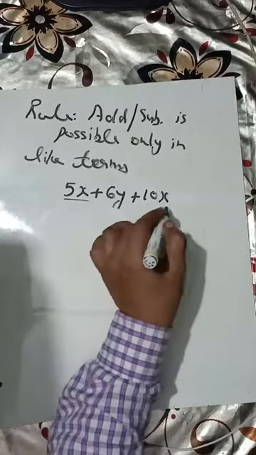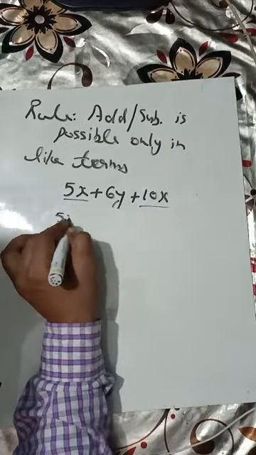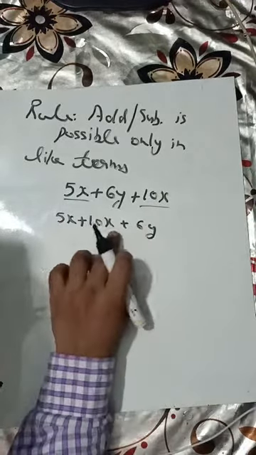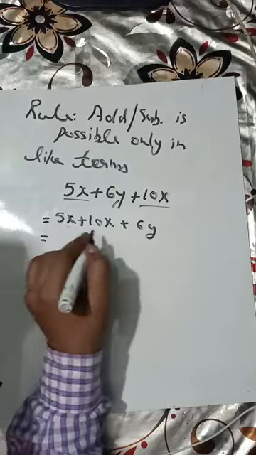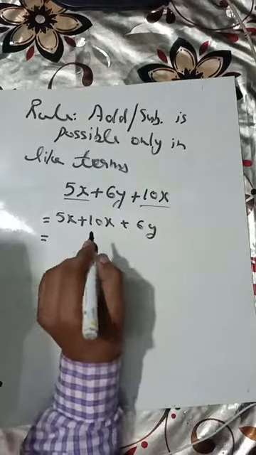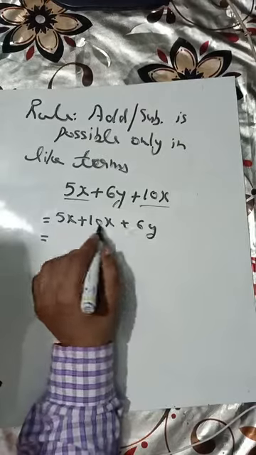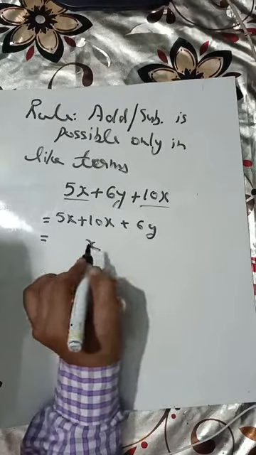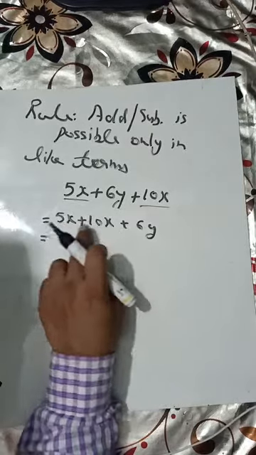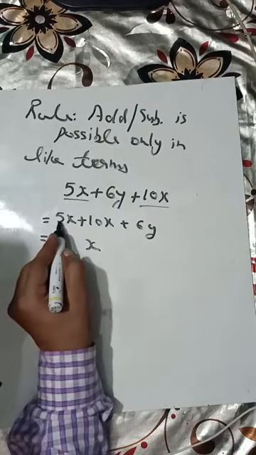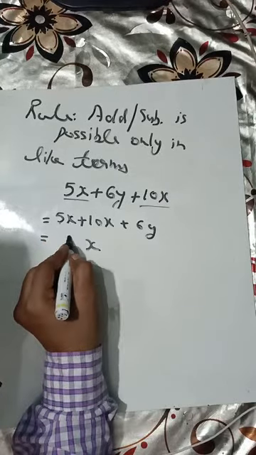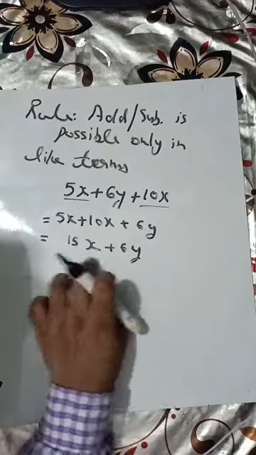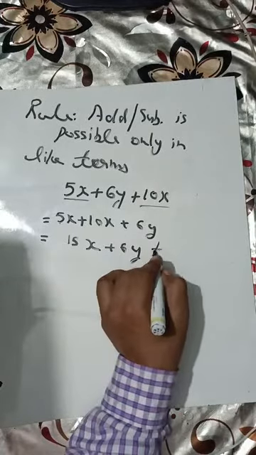So this is going to solve with this. So let us bring this together. Now when you will solve this, the result will also be a like term of this. Means when you add this, the result also comes in x. Then only it will be a like term of these. Now you have to add 5 and 10. It is what? 15. And this 6y will remain like this. Now you cannot further solve. This is your answer.